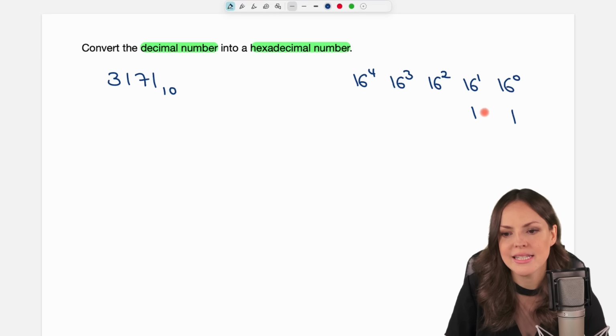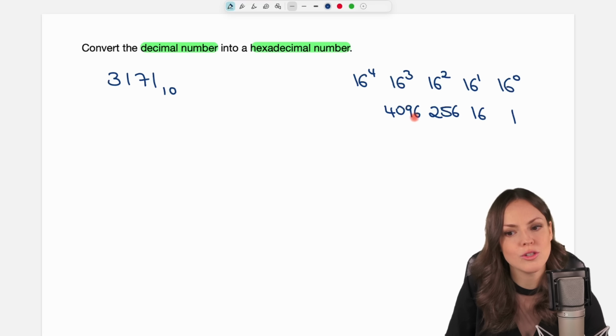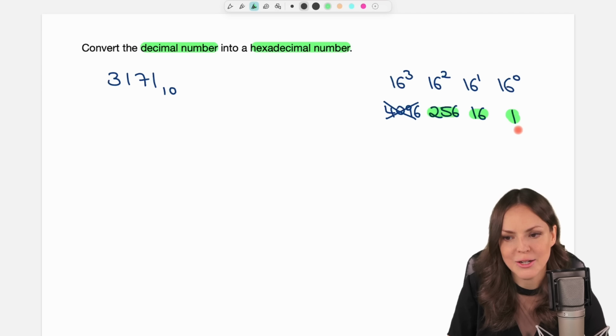Then we have 16 here. We have 256, which is still smaller than this number. Here we have 4096. Okay, this number is already greater than this one, so we know that we have to stop here. We don't need any more elements, and we only use these elements here.